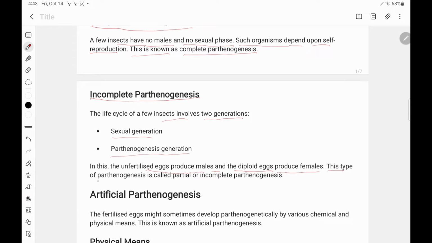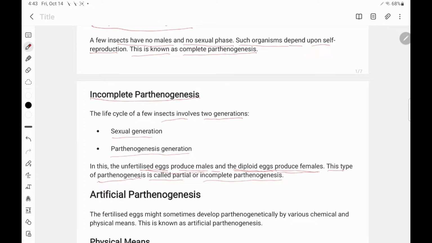This type of parthenogenesis is called partial or incomplete parthenogenesis.